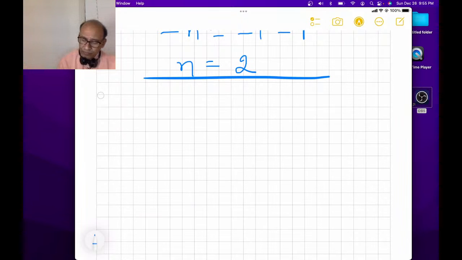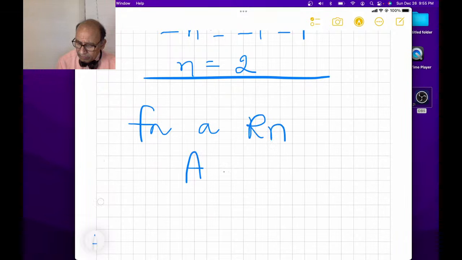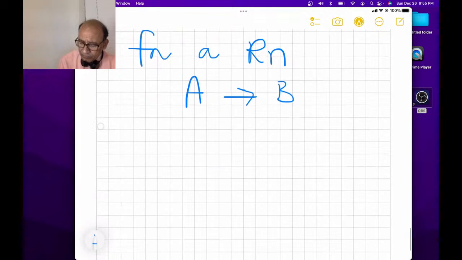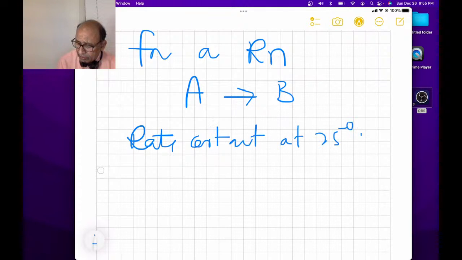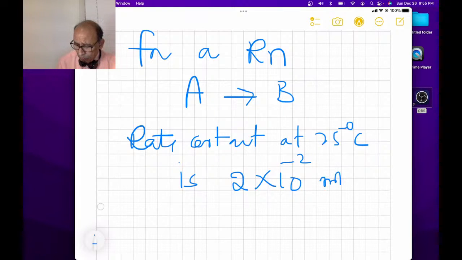Second kind of question, for a reaction A gives rise to B, rate constant at 25 degrees centigrade is 2 into 10 to the power minus 2 moles inverse liter per second.